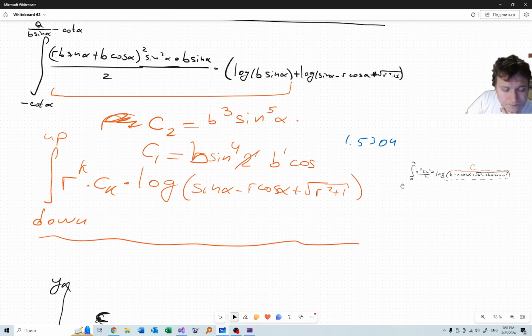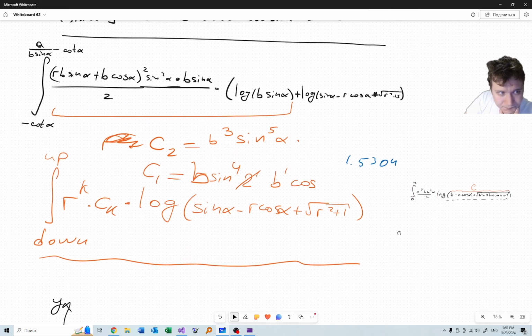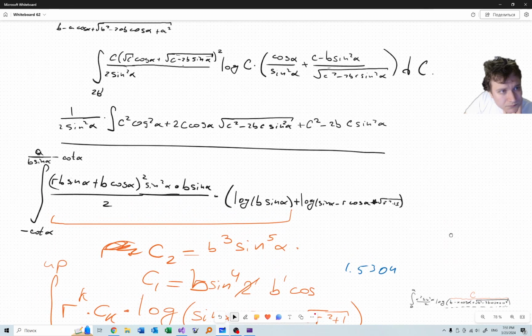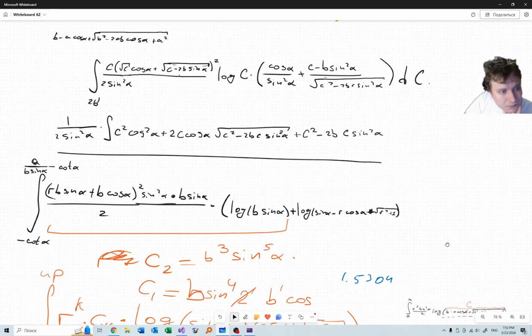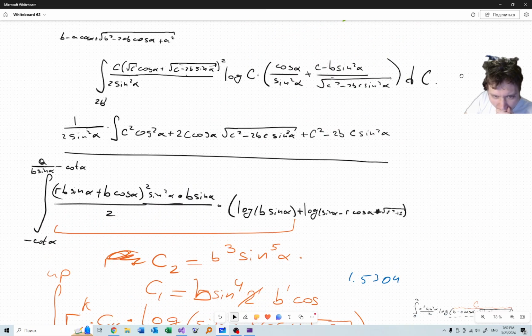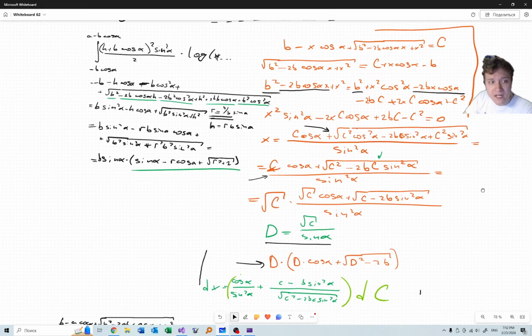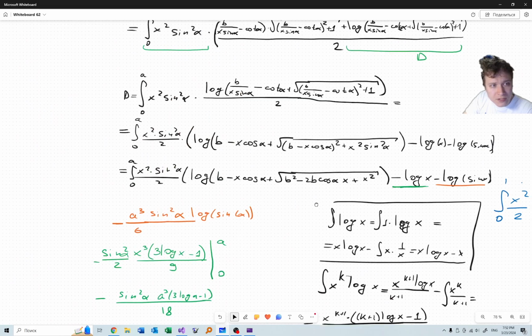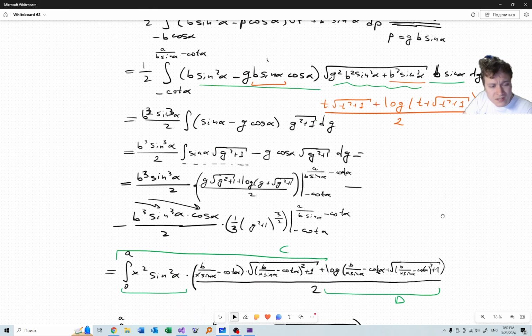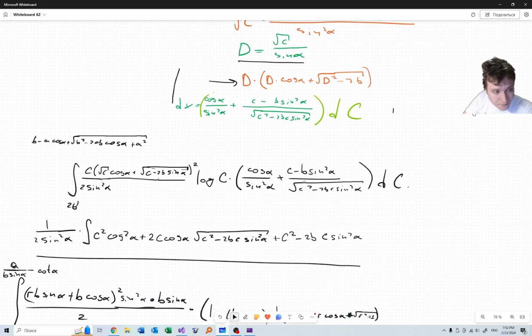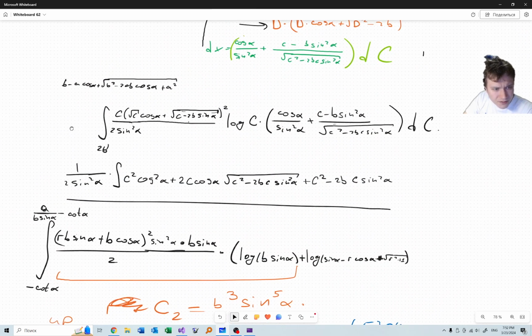Okay, so I am trying to take this integral. I made some standard variable change. So let's remember which variable change I did. What can turn 0 into minus cotangent alpha? Minus cotangent alpha. So how did it happen?